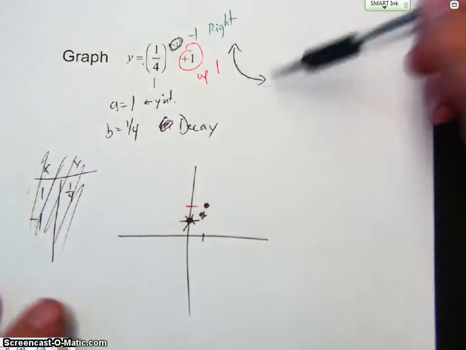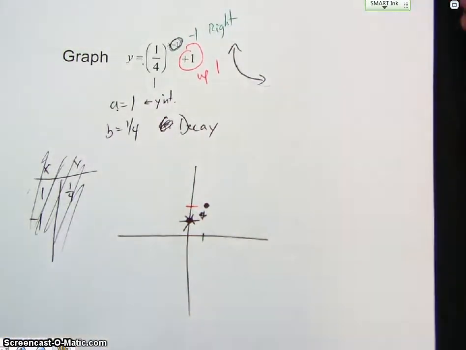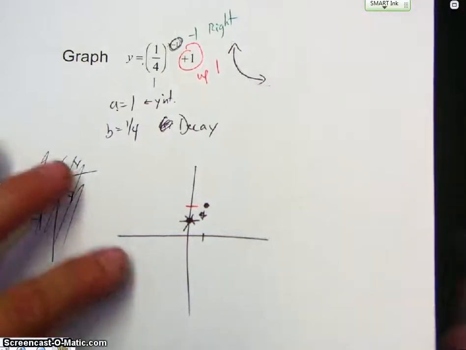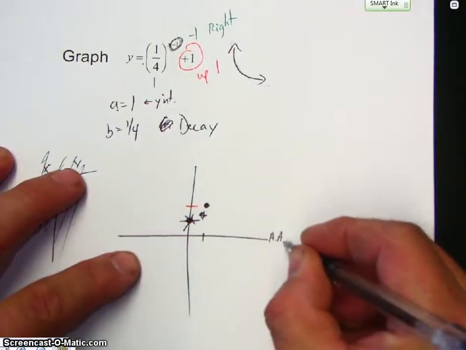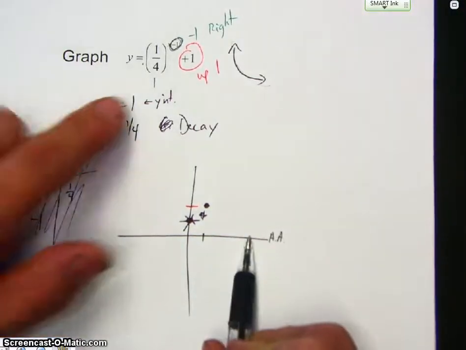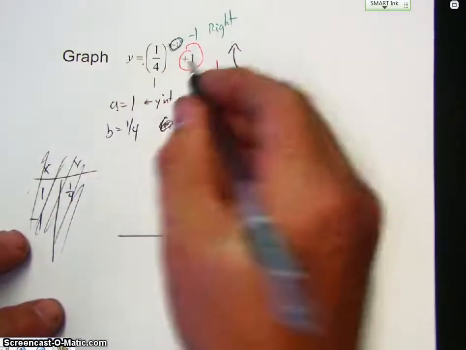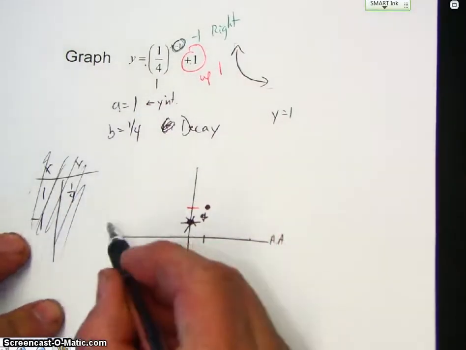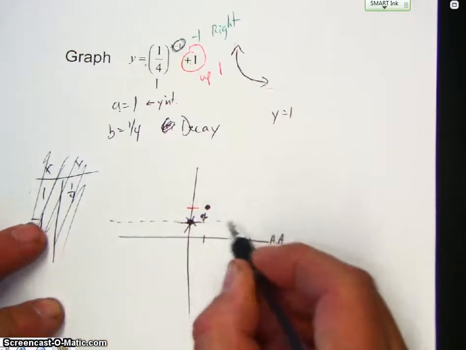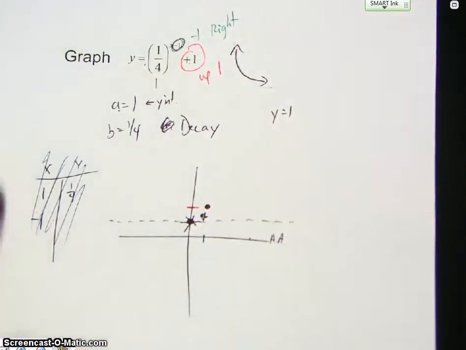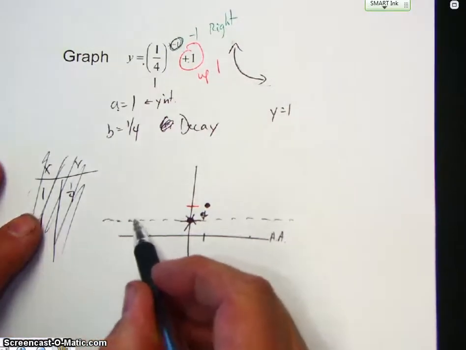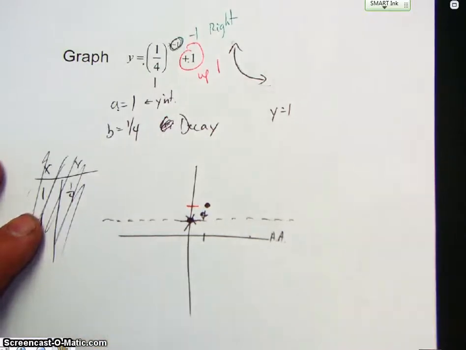It's decay. Now, the horizontal asymptote used to be the x-axis. But since I went up 1, that means my horizontal asymptote is now at y equals 1. So this line right here is my horizontal asymptote. That's the reason why I draw a dashed or dotted line going across.